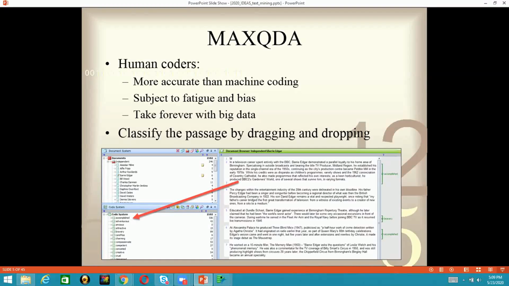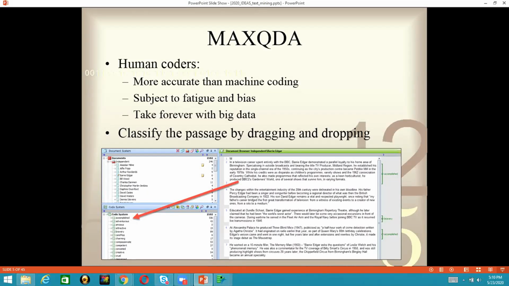However, the process is not automatic. It's not automated. Somebody should read, I mean human coders. You can hire a student to spend 10 hours or longer to read through like 3,000 passages.